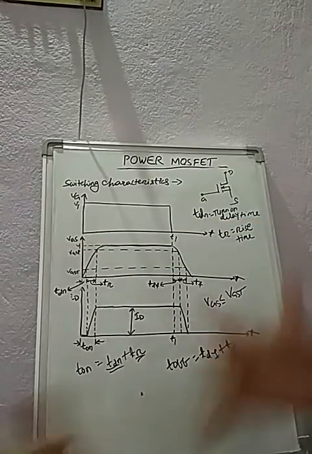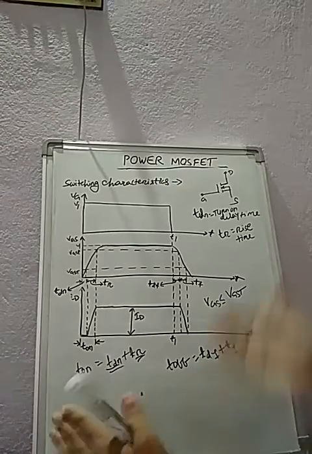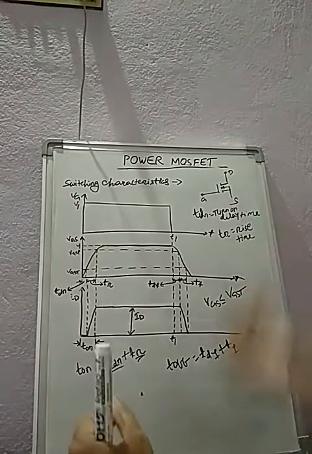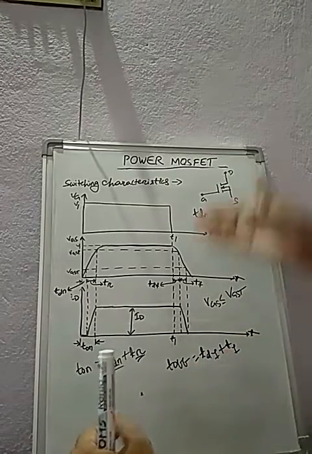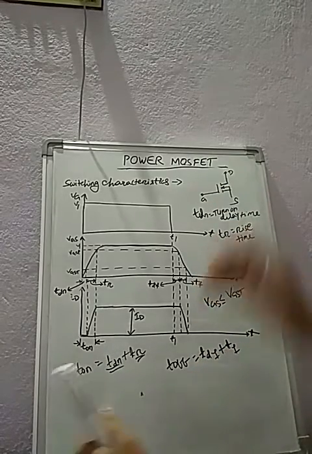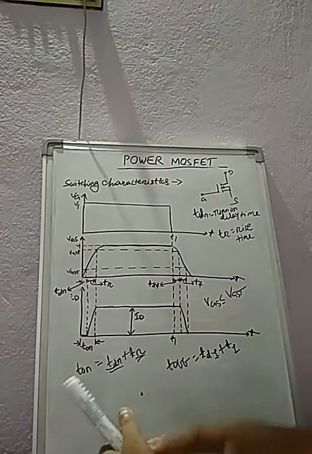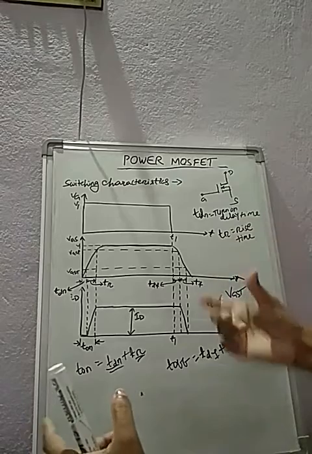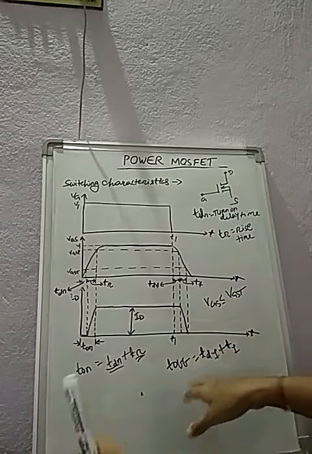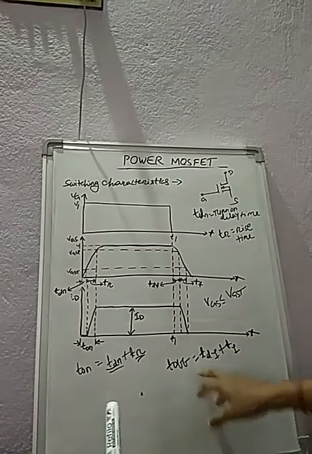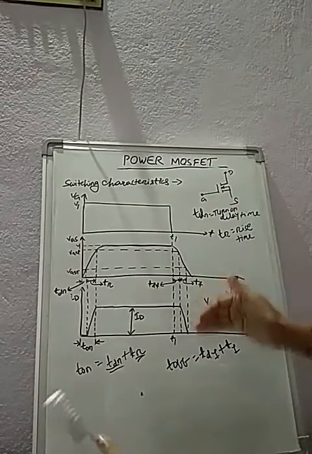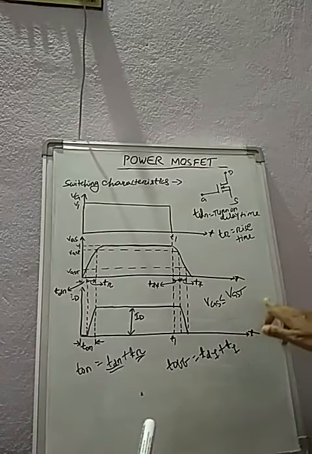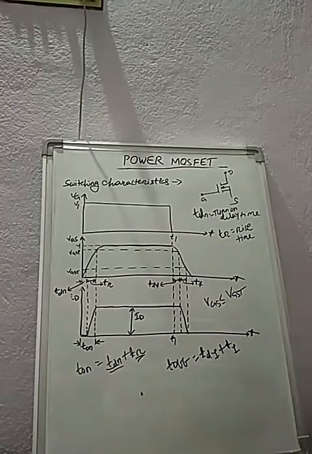Similarly, when we want to turn off the device, it is not turned off instantly. It will take some time because the internal capacitance present in the device needs to discharge. That time is the T off, turn off time. During this time, the internal capacitance discharges until VGS is less than or equal to VGST, when the device is completely turned off.